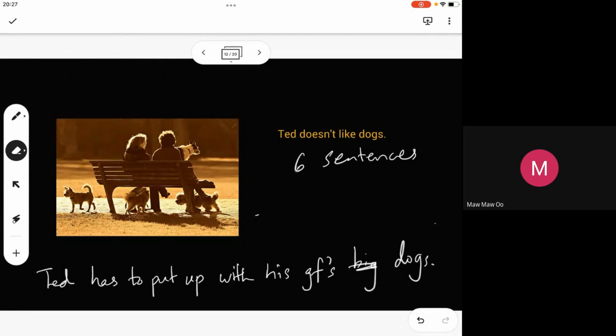And sometimes dogs are smelly when they are not having a bath. That may be the reason he hates dogs. He wants to spend time with his girlfriend, but every time his girlfriend takes the dogs along in their pleasure time, so he hates them.